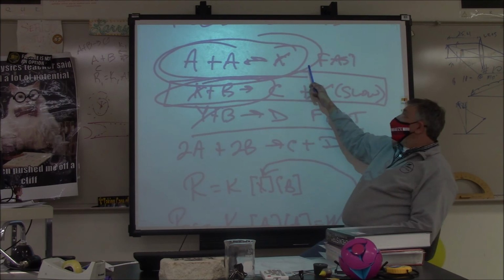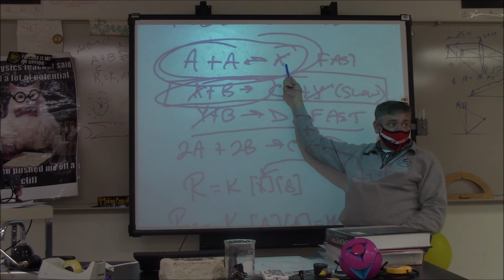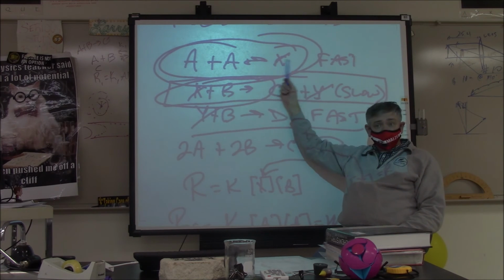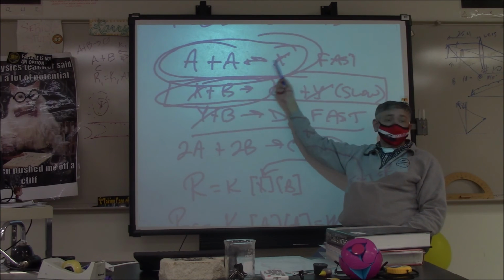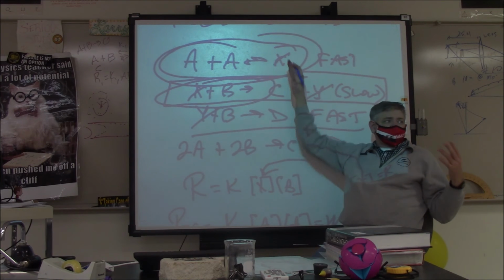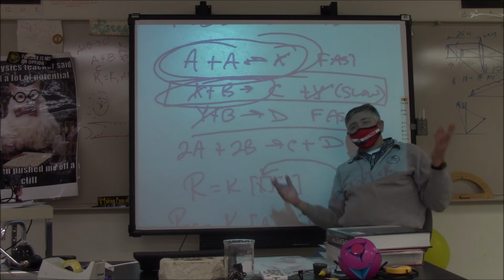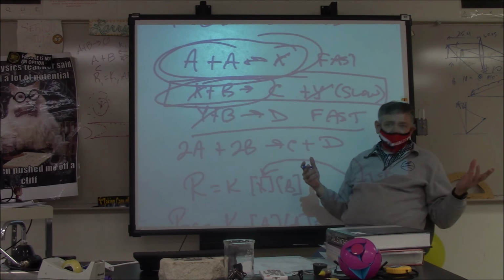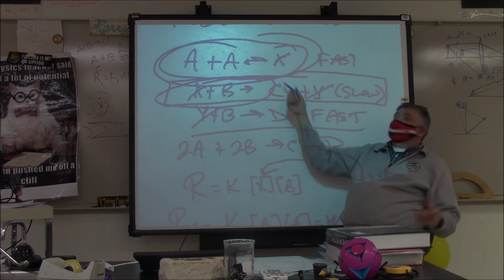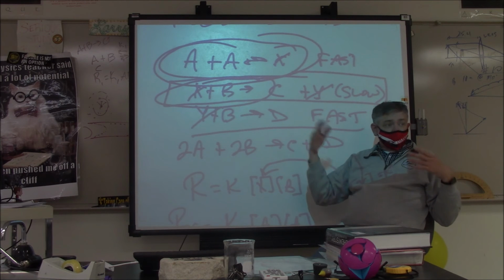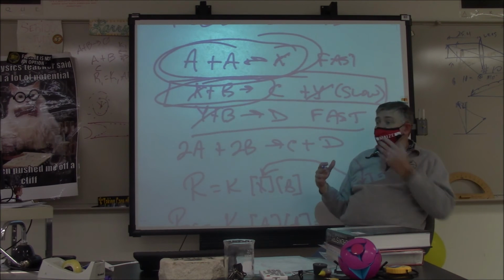Now, we could detect the presence of X, because X is going to back up, and it's going to start to establish this equilibrium. Maybe X is an ion that has a particular color to it, maybe a permanganate ion. Maybe it's a hydronium ion where we could shift a change in the pH.